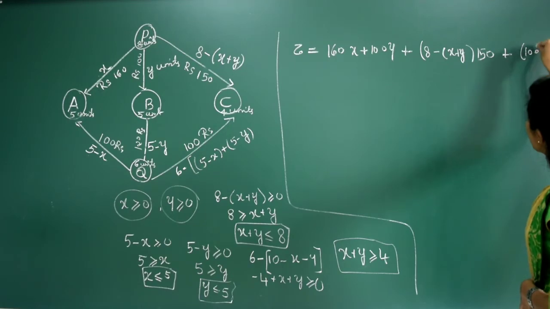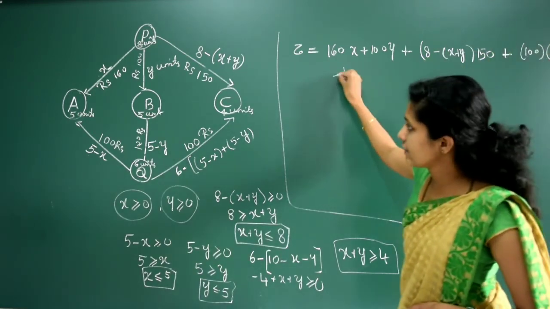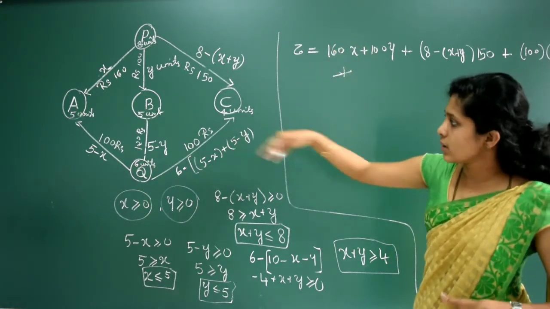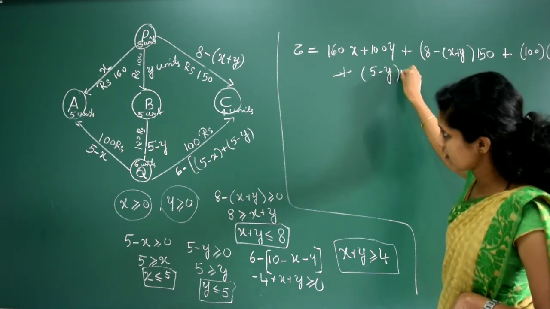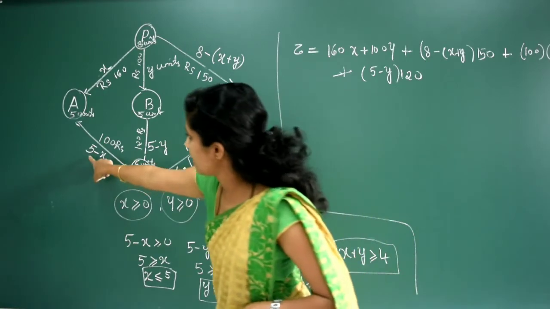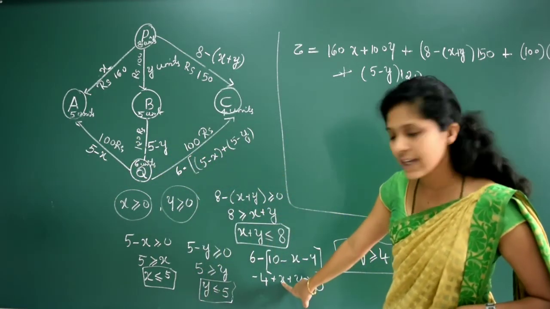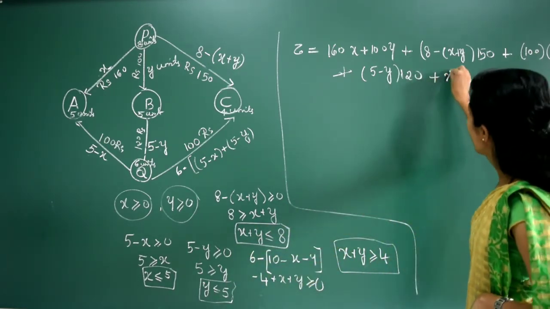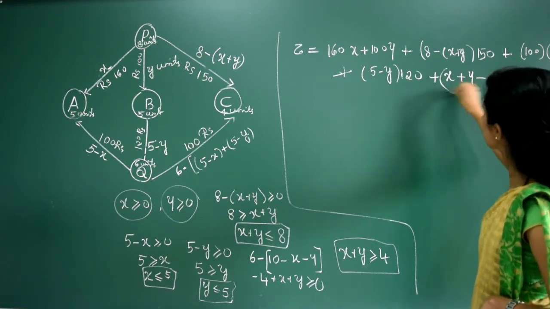It is a lengthy one, that's why I told you this is not important, okay. Just to understand this: (5 minus y) into 120, (5 minus x) into 100, and the last one is 6 minus this, I can write as x plus y minus 4, right? Both are the same. So plus (x plus y minus 4) into 100.